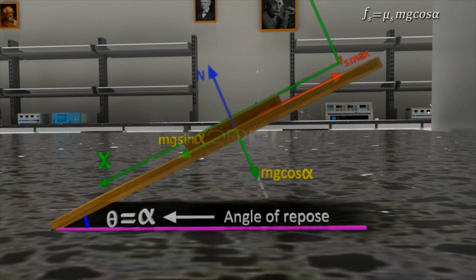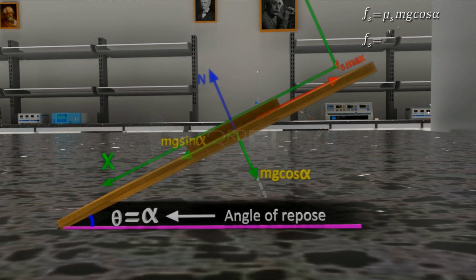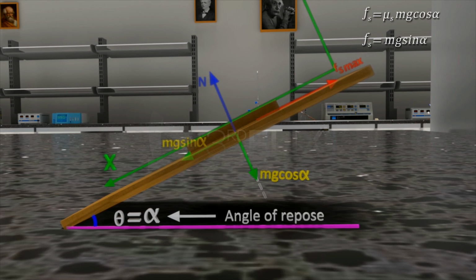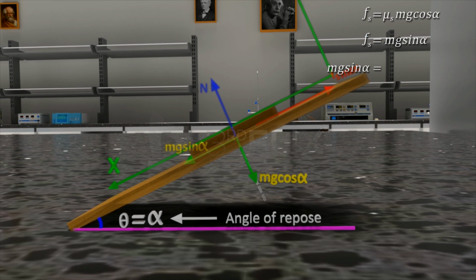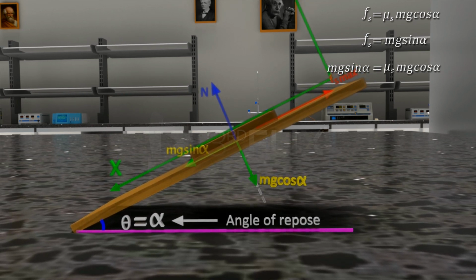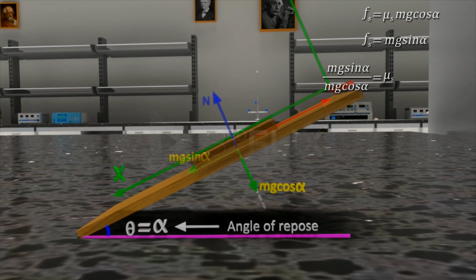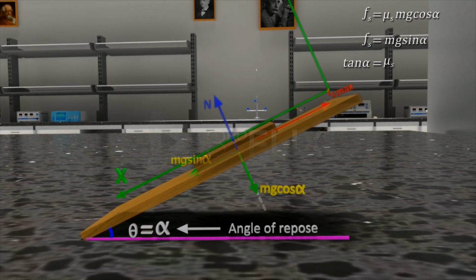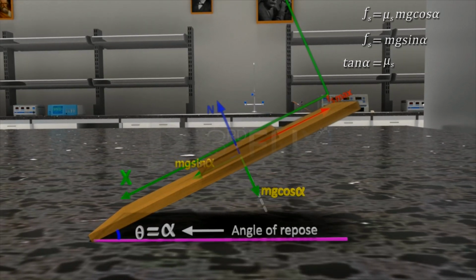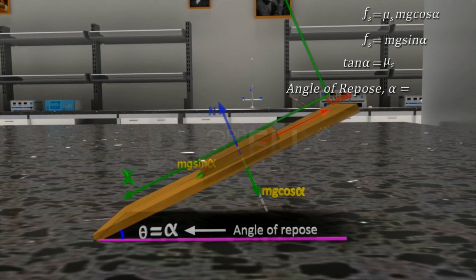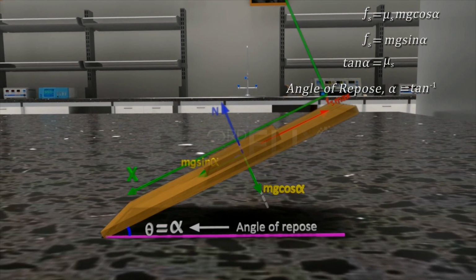As the block is at rest, static friction should be equal to the gravitational pull down the plane, mg sin alpha. Thus, mg sin alpha is equal to μs mg cos alpha. So, tan alpha equals μs. Therefore, the angle of repose alpha equals tan inverse of μs.